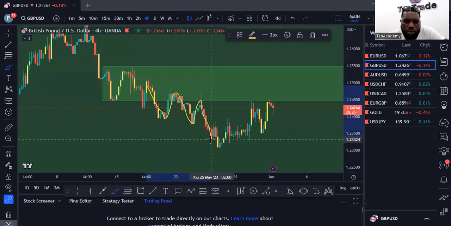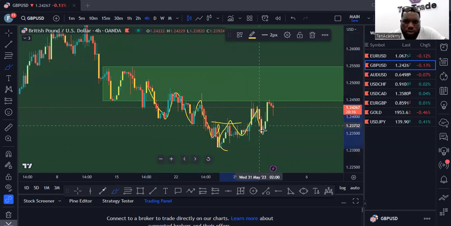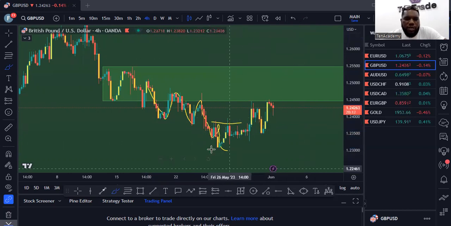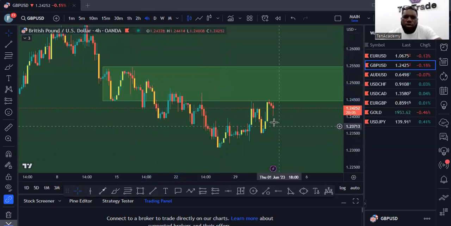All right, so something like this. Ultimately you can see change of character here, price going up. So on the 4 hour time frame, I've seen bullish momentum on an internal structural basis.